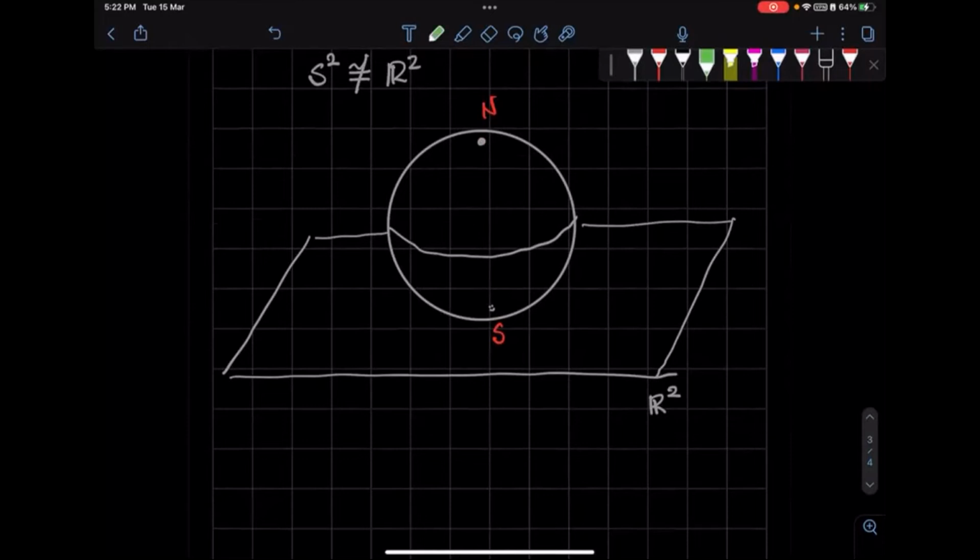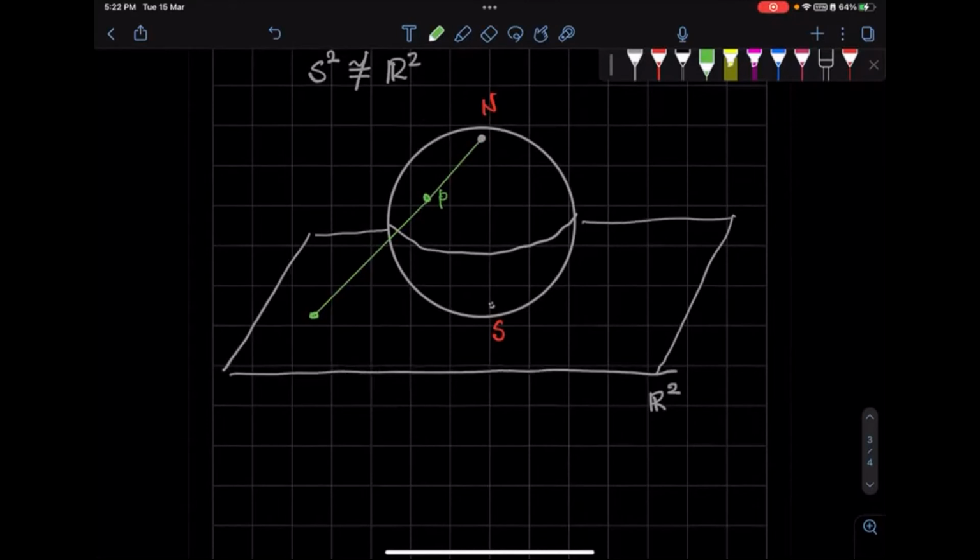Then we say that every point on the sphere, suppose this is some random point P, we are going to project this point onto R2 by drawing a line from the North Pole to the point, and then extending that line until it hits a point on R2. Sorry, this should be a straight line. So this is a particular projection. Let's call it phi 1.